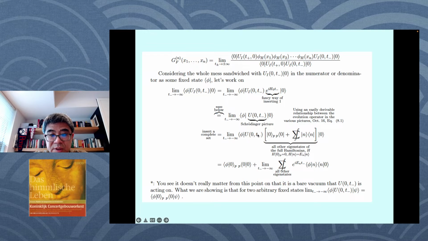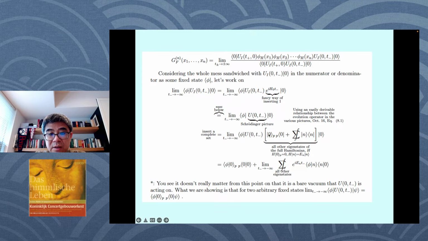when U0 t minus acts on the n, then this n will become exponential IEn t minus. That's because n is the eigenvalue of the whole Hamiltonian H. Okay, and the U could be written as exponential IHT. So when exponential IHT minus acts on n, it will give you exponential IEn t minus.